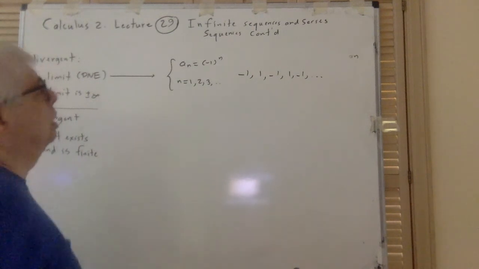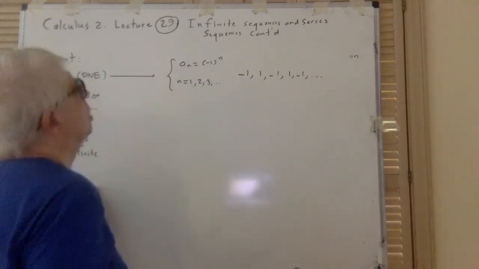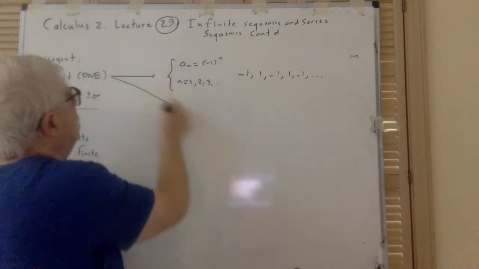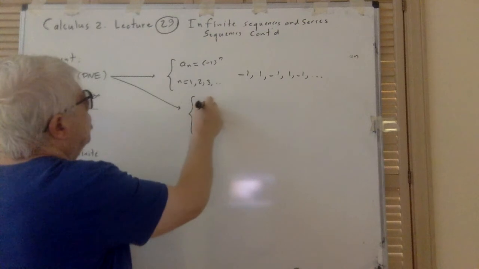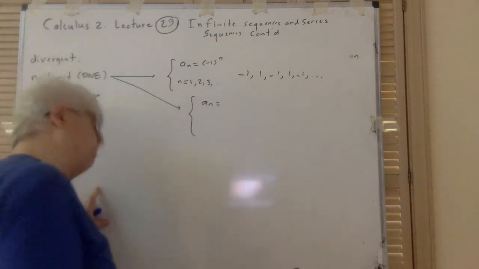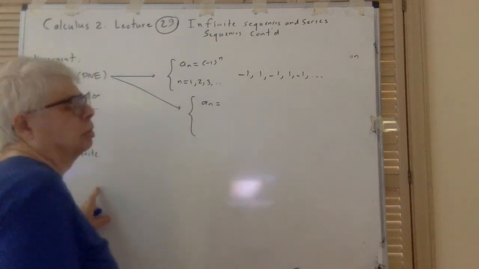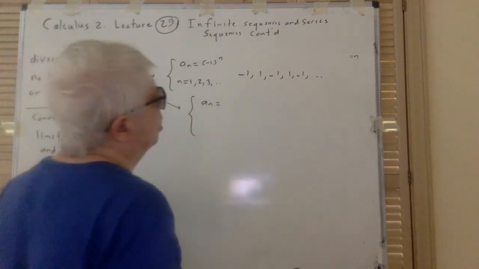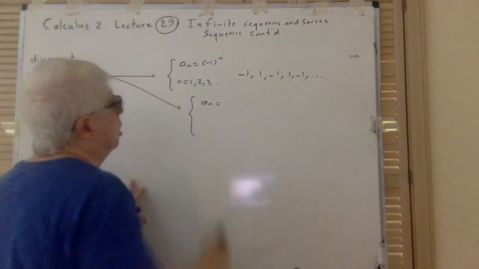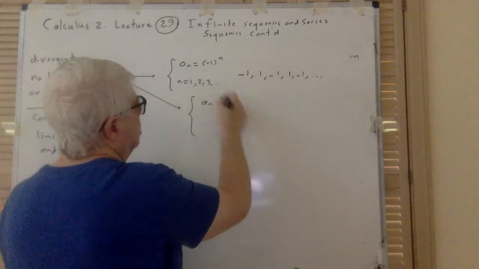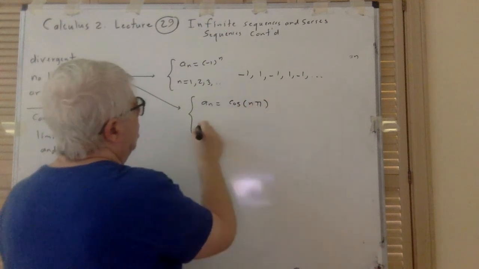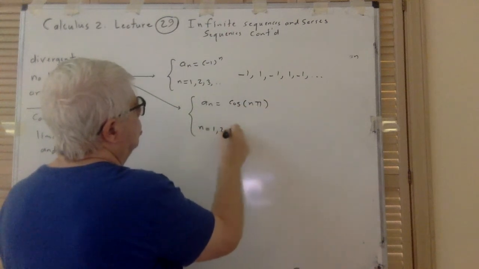Or you can define another case of an as cosine of n pi, with n starting at 1, 2, 3, dot dot dot.